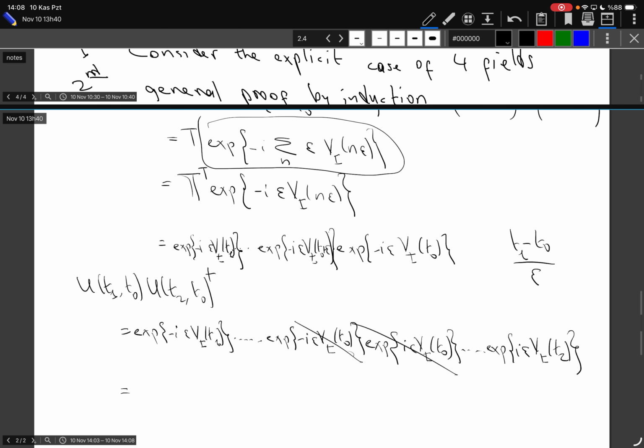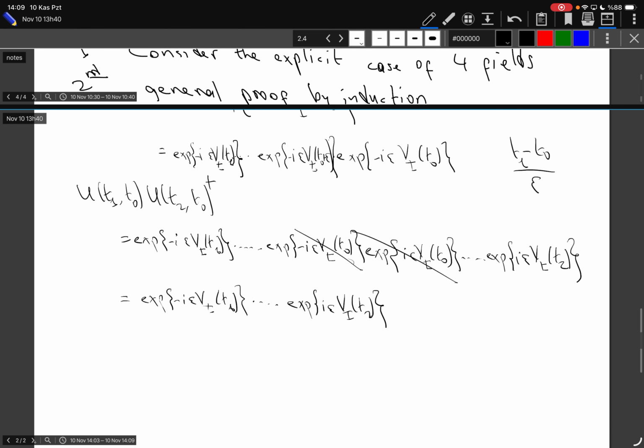And what I will end up with is exponent minus i epsilon V_I of T1, incremental steps, exponent i epsilon V_I of T2, which is nothing but the time-ordered exponent of minus i integral over time from T2 to T1 of V_I(t), which is just U(T1, T2).